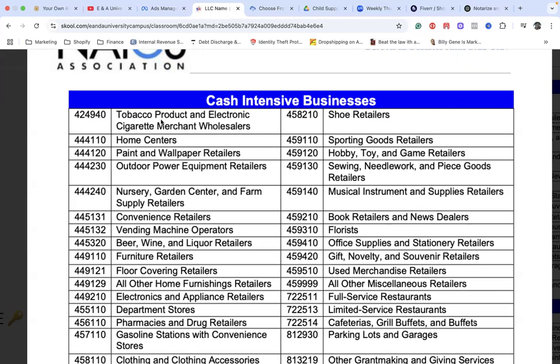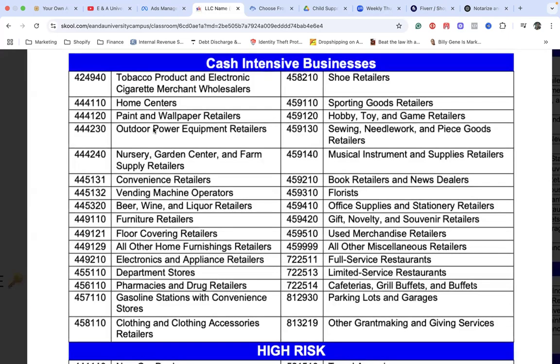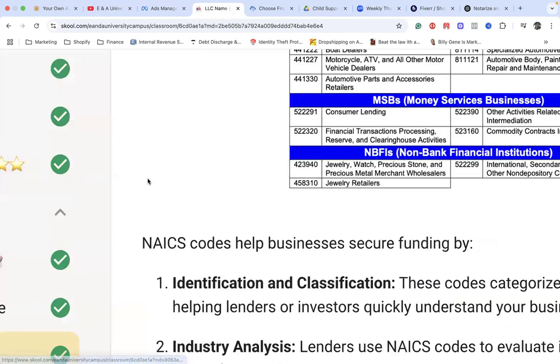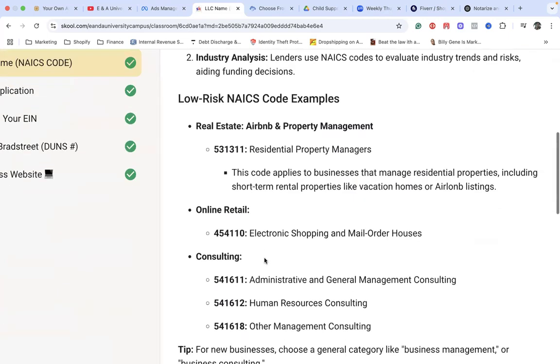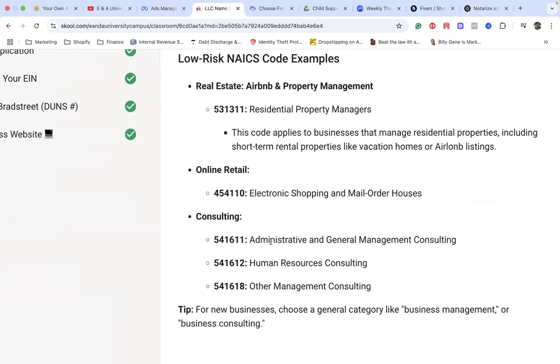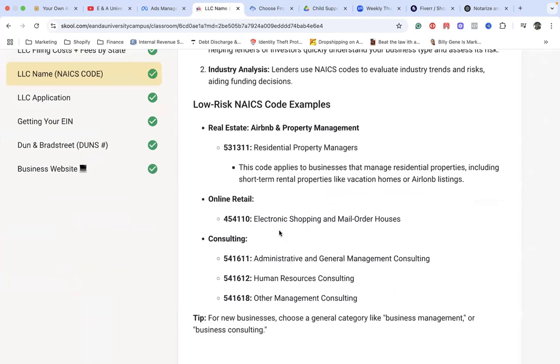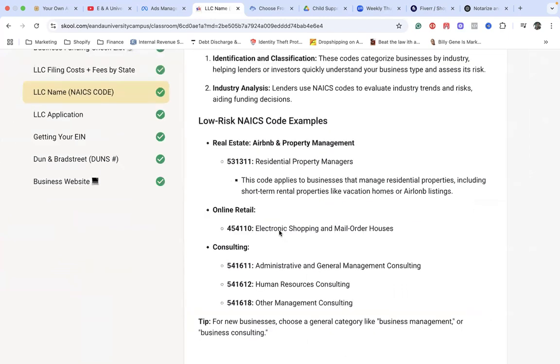But if I was to be named something like Eric's Enterprise and I offer tobacco services, now if I'm an enterprise, I can simply consider myself as a different type of business. If I want to do tobacco business online, I could do online electronic shopping, or I can simply decide to be some type of retailer.